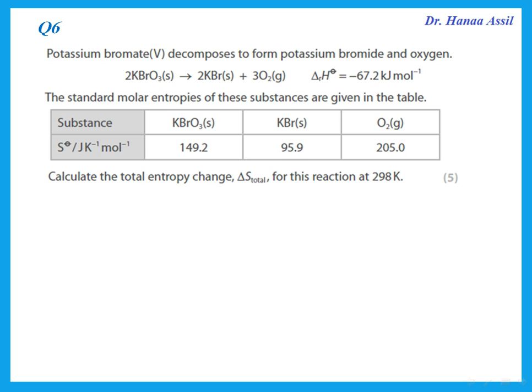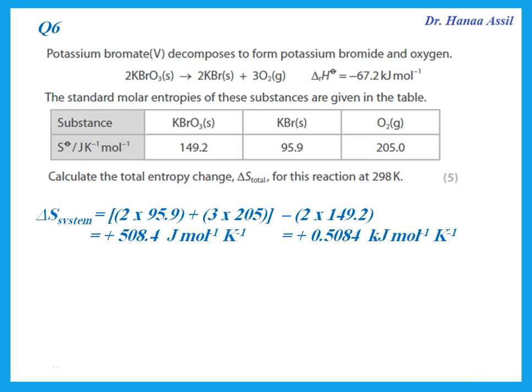So in order to get delta S total, how do we get delta S total? Delta S total is delta S of the system plus delta S of the surroundings. So I need to get delta S of the system first. How do we get delta S of the system again? The entropies of products minus the entropies of reactants. Please remember that if you have 2 moles of KBr, that means the entropy will be 2 times the KBr, which is 95.9.